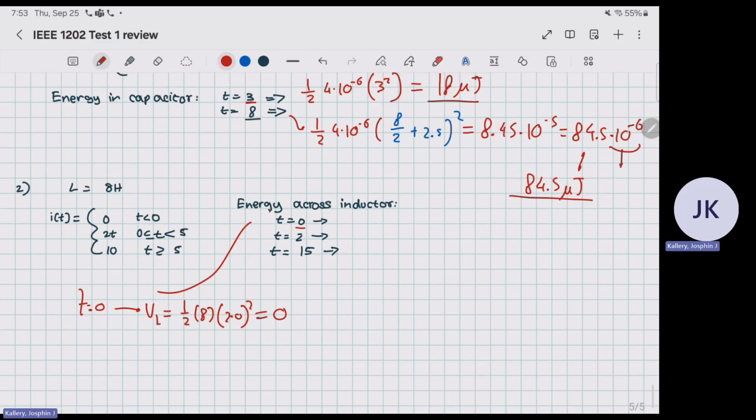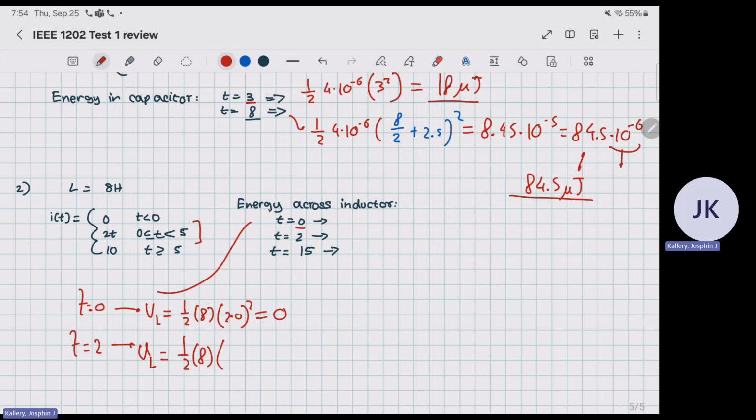Okay, now let's do t equals 2. Once again, let's start with our equation. 1/2, this is our inductance. And then now let's look at this piecewise function to determine which part we need to use. So for t equal 2, once again, we'd use the same part because this is where t is defined for. And what we're saying is we need to return double the t value. That's our current that's going through it.